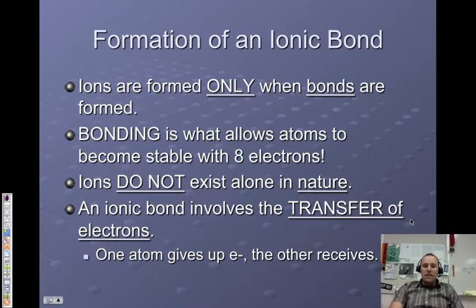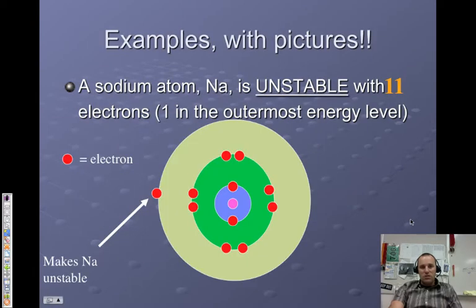So realize that in an ionic bond, the electrons act by transfer. One atom gives up an electron and the other receives an electron. So let's take a look at an example. So sodium is unstable with 11 electrons, but what do we care about the most? We don't care about all its electrons, we only care about the one in its valence electron level.